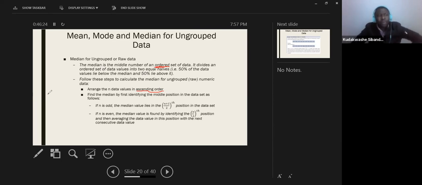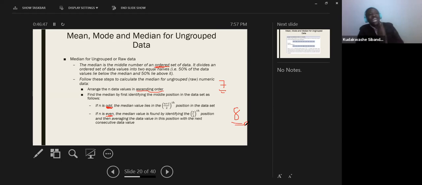Now, one thing that you must understand for ungrouped data is the formula that you use depends on whether your data set is an odd number, like if you've got 7 students, 7 is an odd number, or an even number, a number that is divisible by 2, for instance 8.